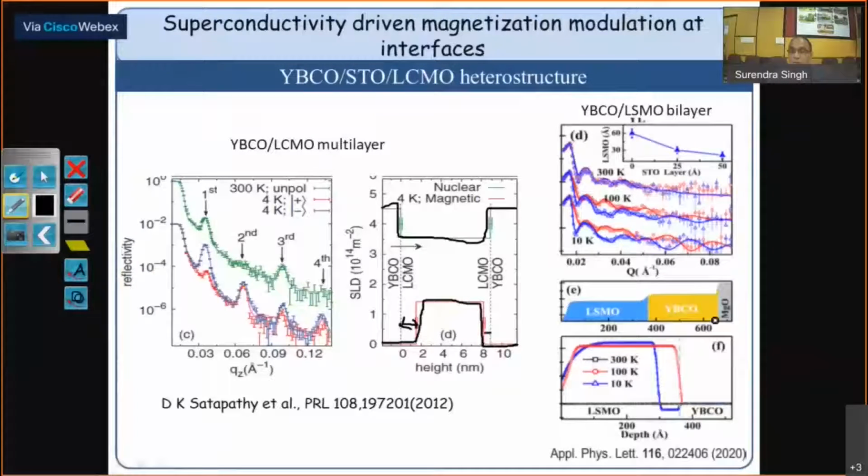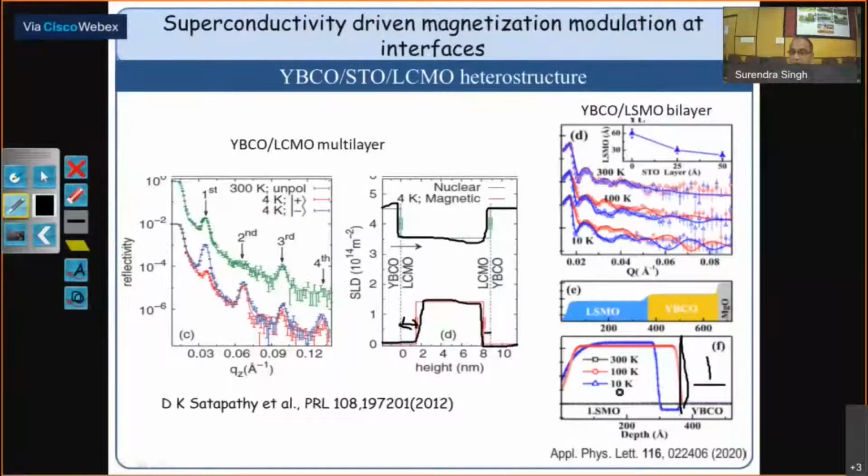We also found this below the superconducting transition at 10K. This is YBCO and this is the interface here. This is the nuclear scattering length density shown over here. This is MZO, YBCO, LSMO, and this is the magnetization depth profile. This is the interface where there is YBCO on this side and LSMO on this side. Above the superconducting transition, the red one at 100K shows uniform magnetization for this LSMO layer.